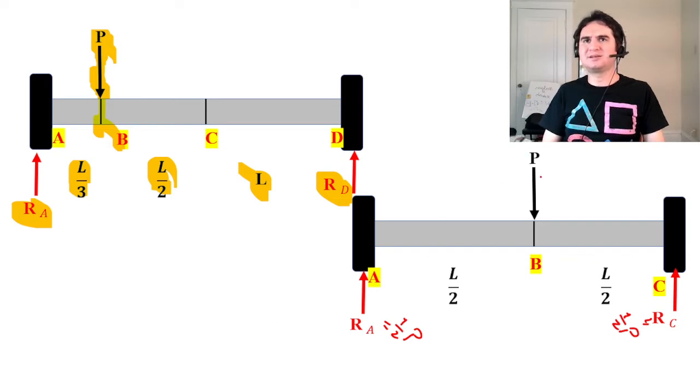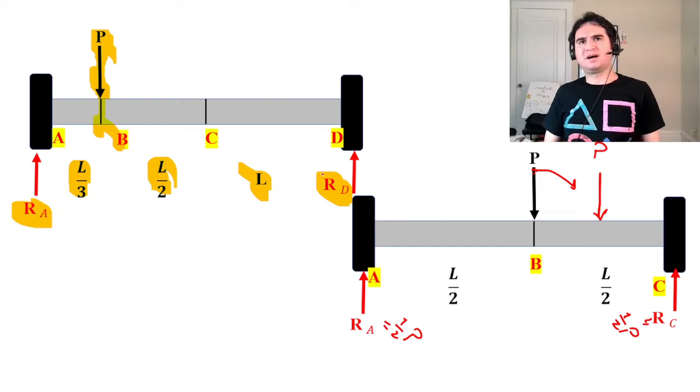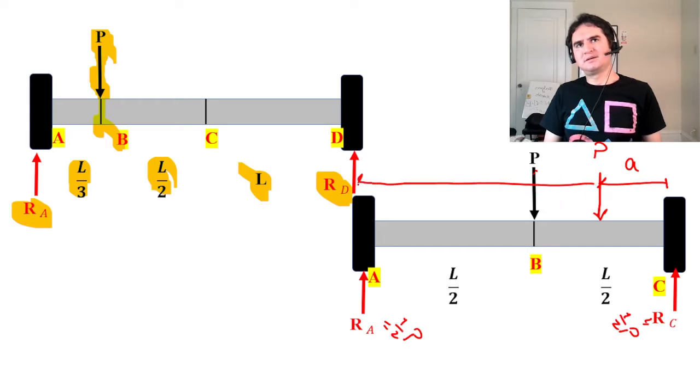Let's consider a situation in which we move P to a location like here. This is our force P, which applies at a distance a from support C and a distance b from the other support.